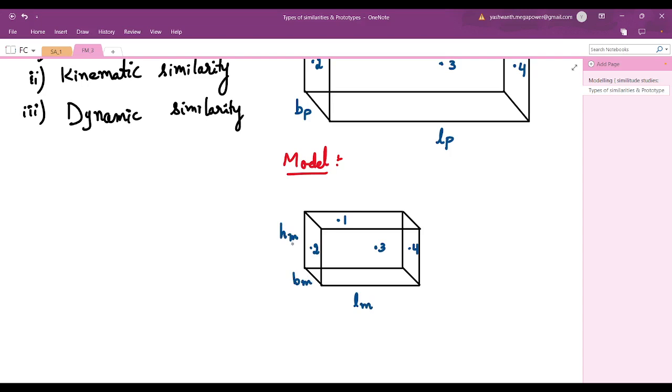Now here 1, 2, 3, 4 are called homologous points. So what is meant by homologous points?